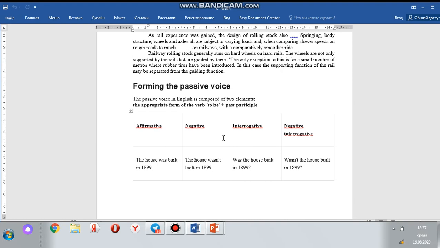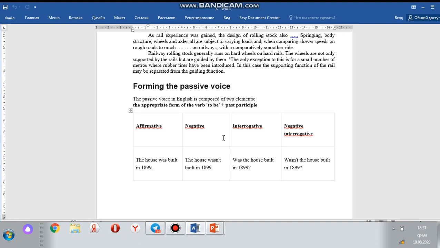So how do we form passive voice? We form it in this way: to be plus past participle. Here we can see affirmative, negative, interrogative and negative interrogative forms. Let us read.